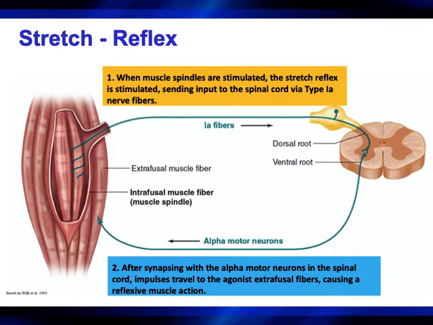The key here is in both models, you require a pre-stretch. And the degree in which you generate max force is dependent on the degree and the speed of the muscle's pre-stretch. So it's been shown that the faster the muscle is stretched eccentrically, the greater the force will be on the following concentric contraction.